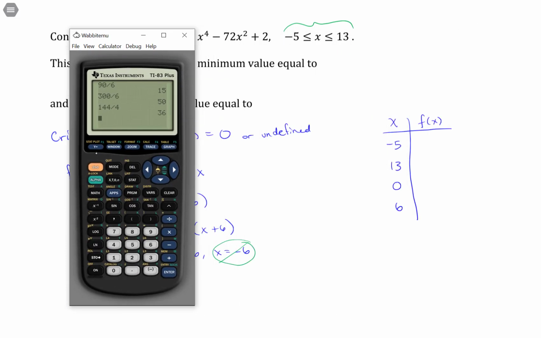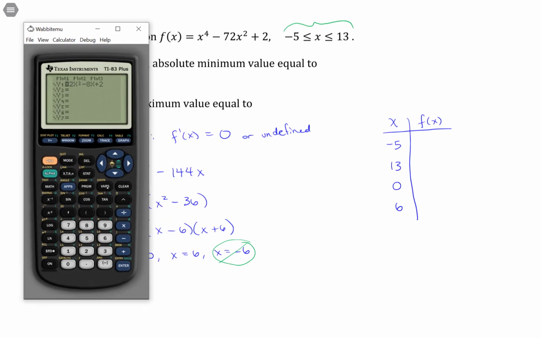So the easiest way to do this test at this point is to plug these values into the function and just see what the largest overall is and what the smallest overall is. So x raised to the fourth minus 72x squared plus 2.